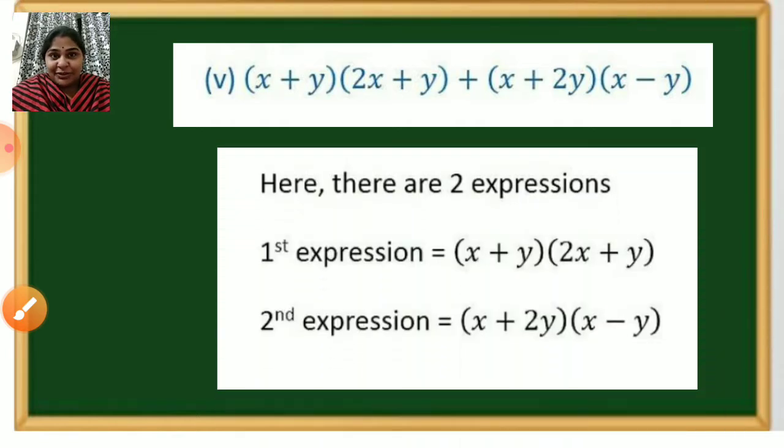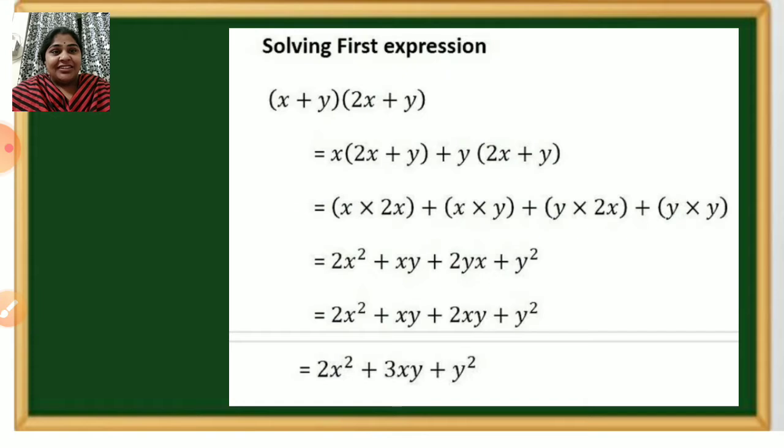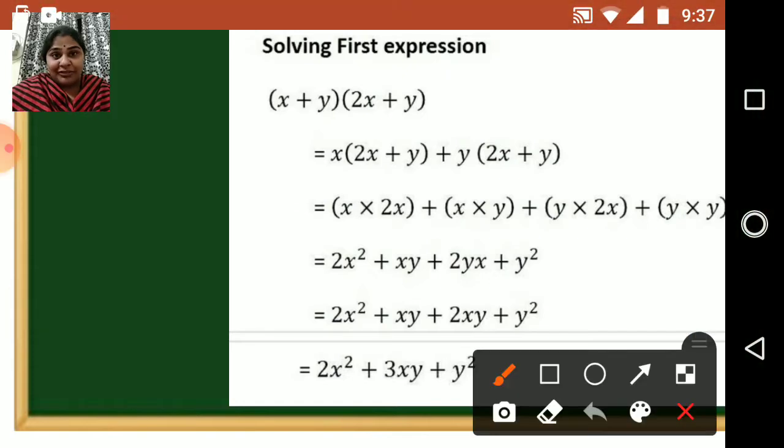So here are the two expressions, that is x plus y multiplied by 2x plus y, and x plus 2y multiplied by x minus y. So this is how we perform our multiplication, children, that is x multiplied by 2x plus y and y multiplied by 2x plus y. Each and every term in one expression we multiply with the other one.